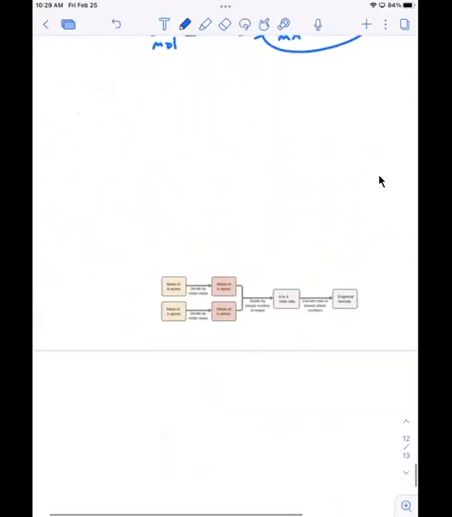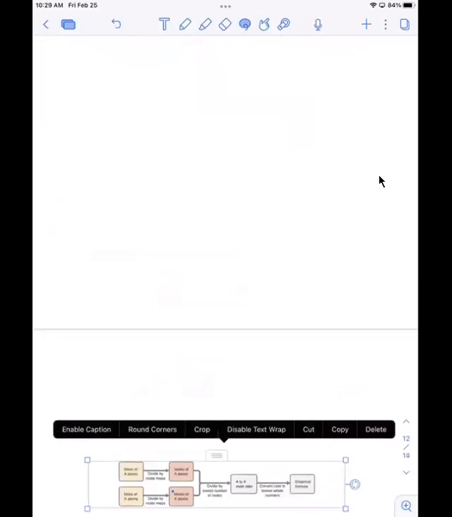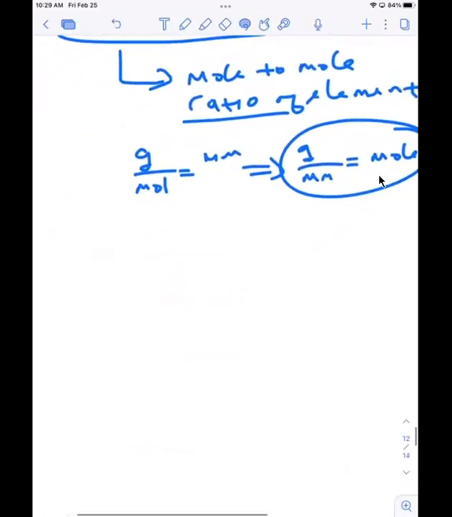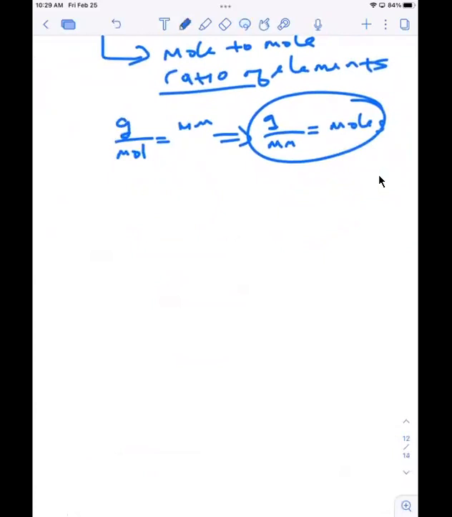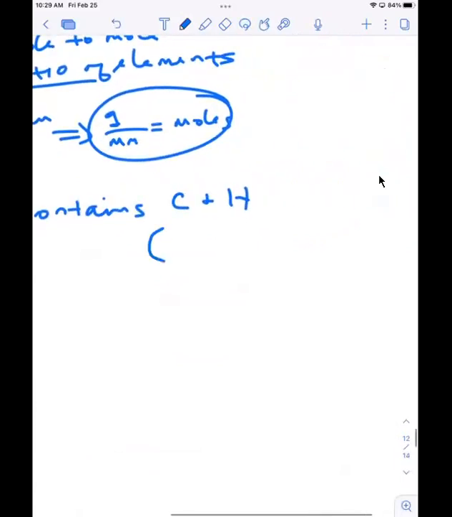All right. So let's do an example. Let's say we have a sample that contains carbon and hydrogen, and it contains 1.71 grams of carbon, and it contains 0.287 grams of hydrogen.